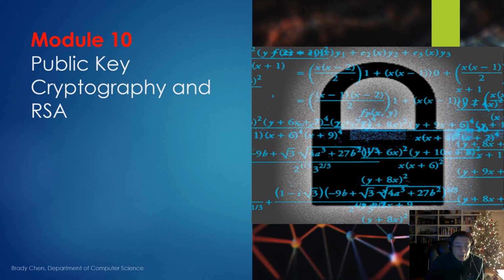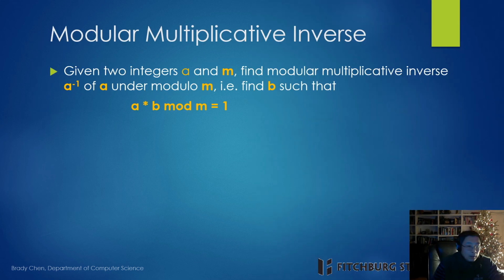Today we will introduce the algorithm that is used to calculate the modular multiplicative inverse of an integer. Here's the problem. Given two integers a and m, we need to find a modular multiplicative inverse.